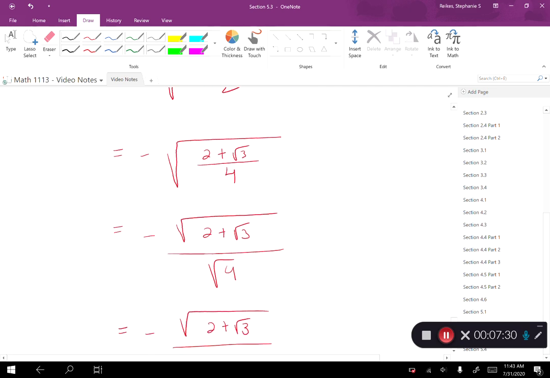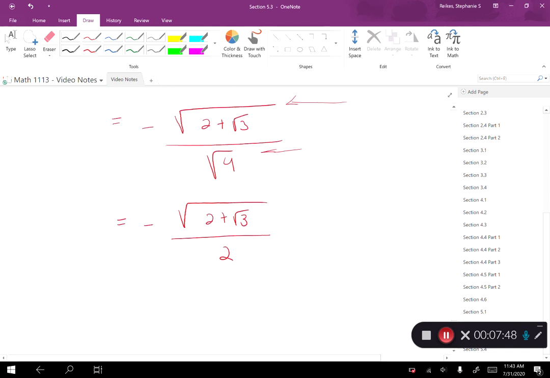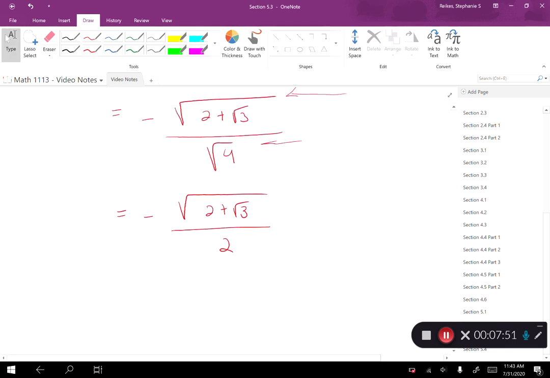And then I can go ahead and separate that big square root sign by putting a square root on the top and a square root on the bottom. So I just rewrote that. So I got negative square root 2 plus root 3, all divided by square root 4. And since square root 4 is a perfect square, I can simplify one more time, and I got negative square root 2 plus root 3 all over 2.